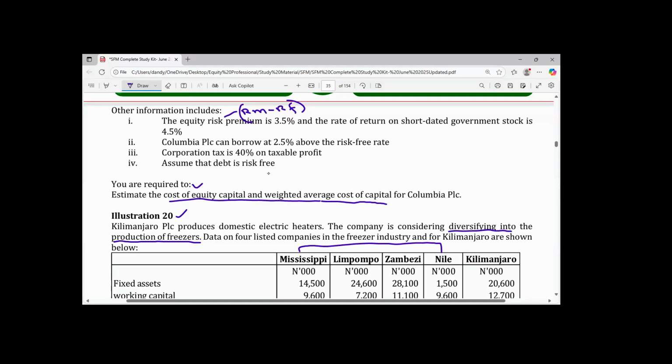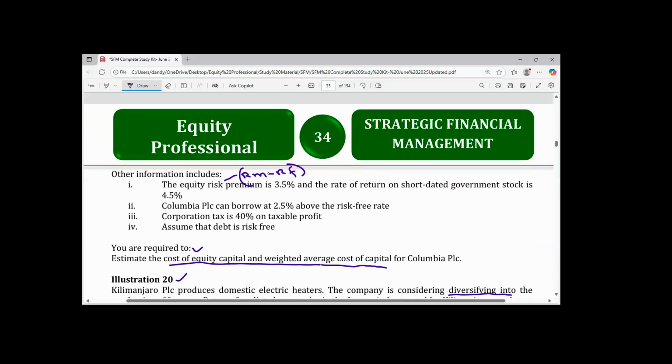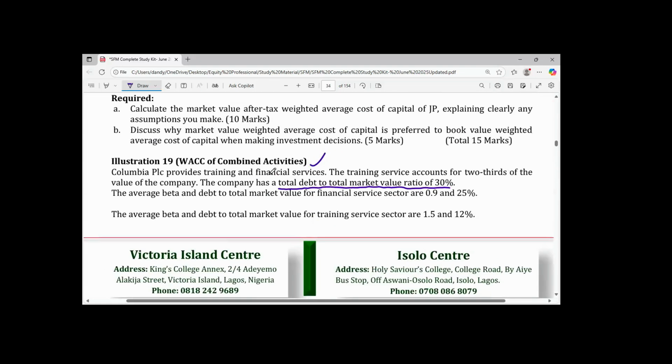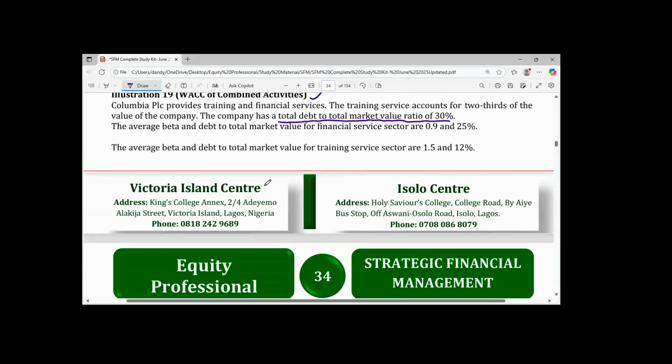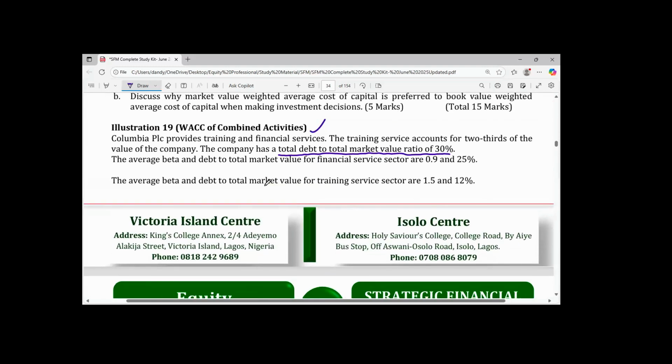Is it traditional WACC? Is it project specific WACC or WACOCA? So I will go back to the body of the question and identify what kind of WACC I am going to calculate. From the first paragraph, you are told that Columbia PLC provides training and financial services. So this company is into 2 different activities, training activities as well as financial activities.